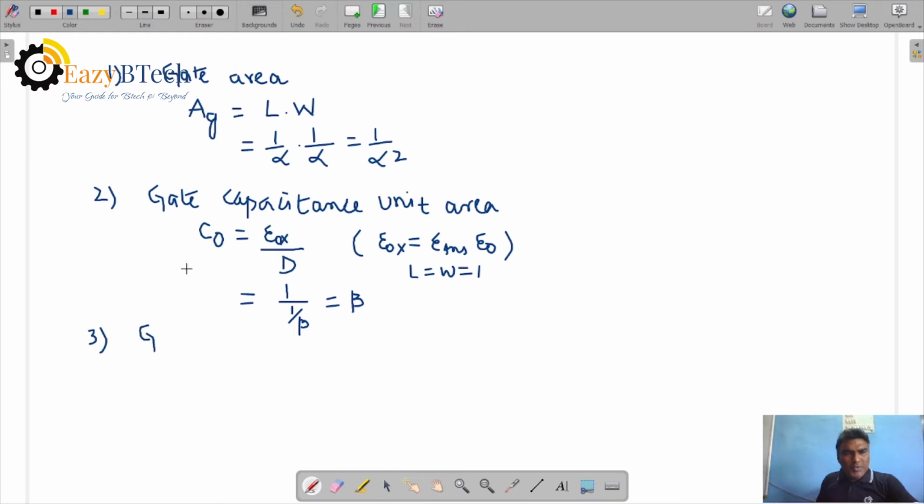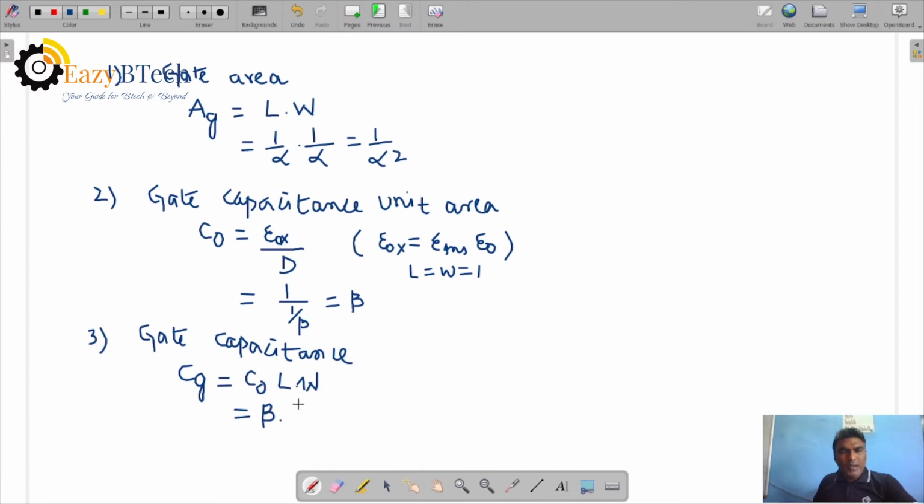Second one, now, gate capacitance. Gate capacitance means polysilicon to channel capacitance. Gate to channel capacitance is Cg. So it is gate capacitance per unit area into length and width: C naught into L into W. Right? C naught is scaled by beta.